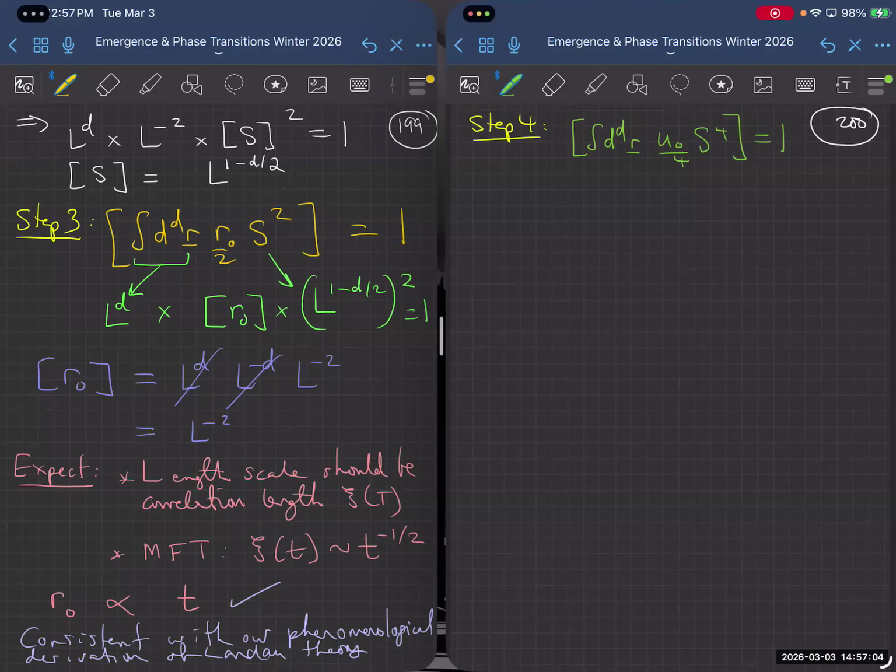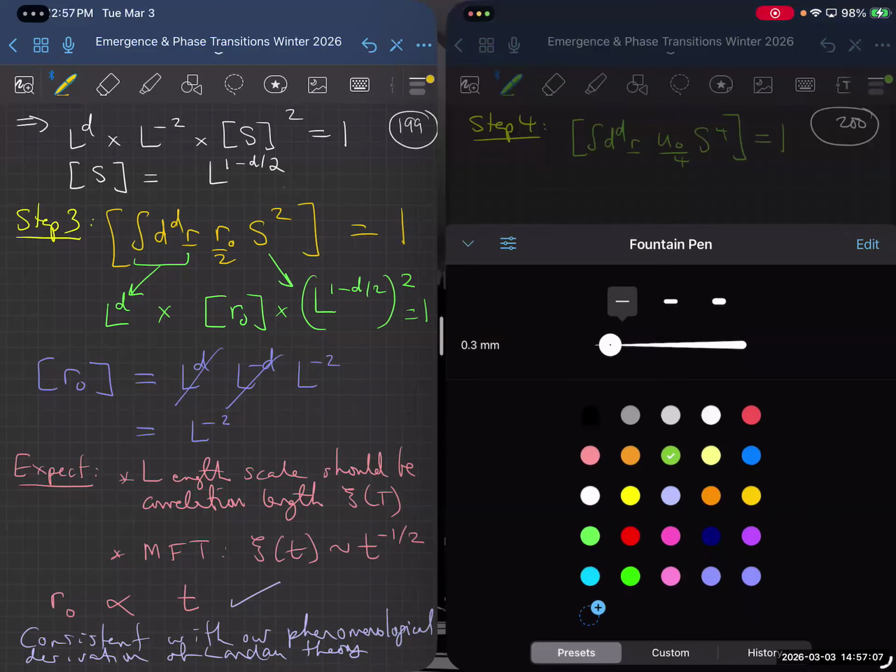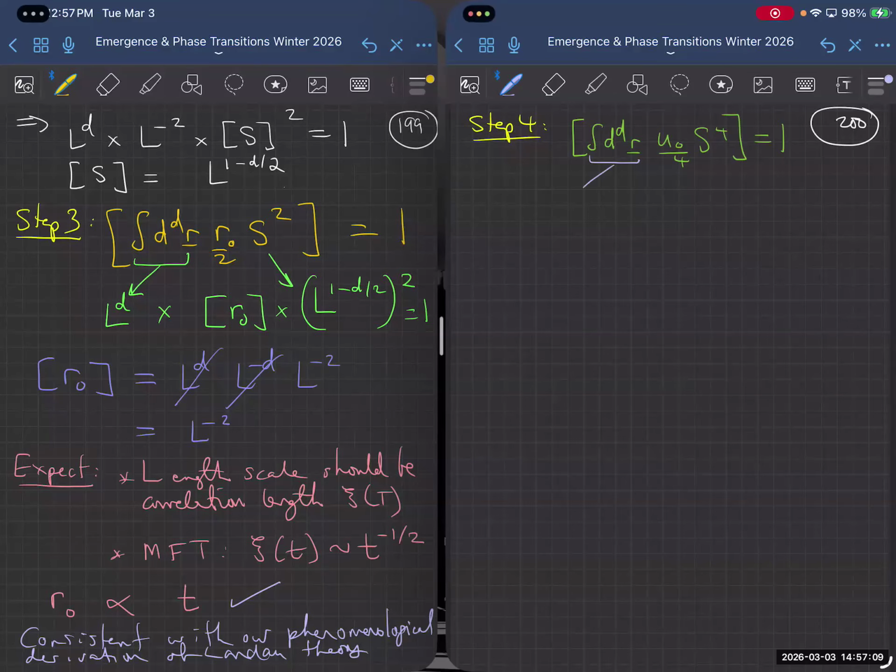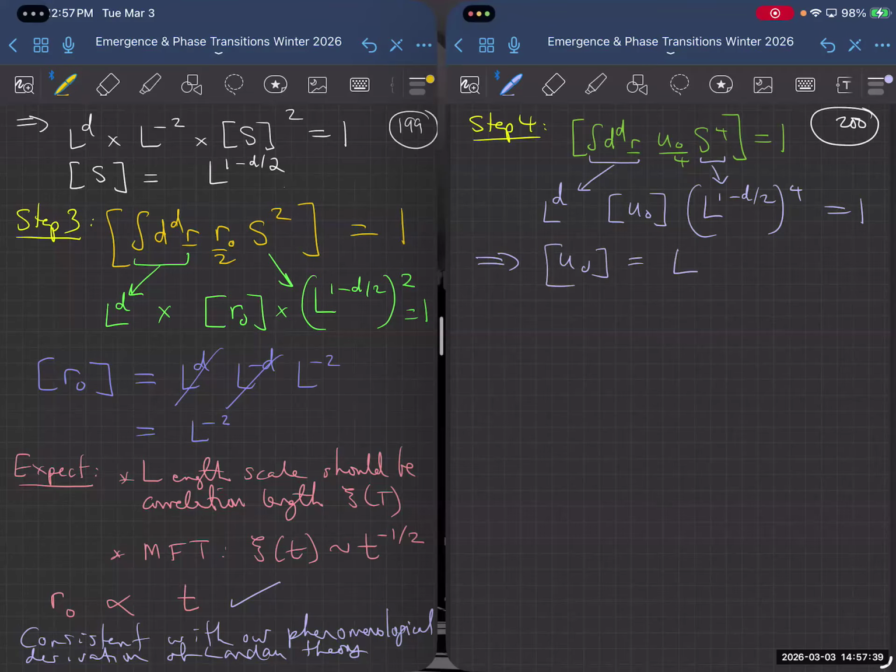So that says that the first term, this term, is length to the power d. The next term is the dimension of u naught itself. And then this term, s to the fourth, is going to be L to the power 1 minus d over 2, all raised to the power 4, and that has to be dimensionless. And so that tells us that u naught has dimensions of length to the power d minus 4.